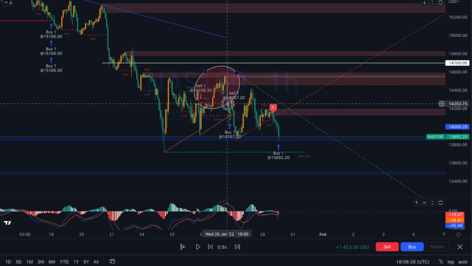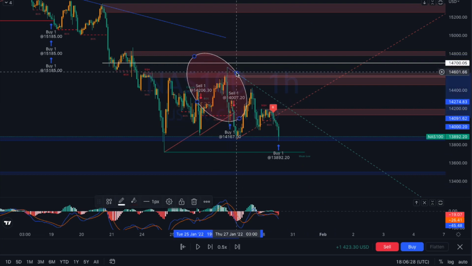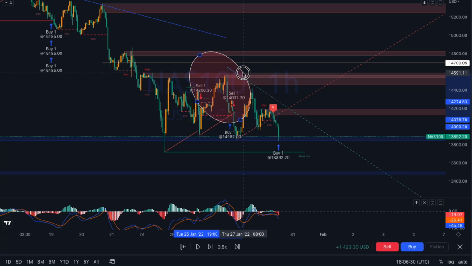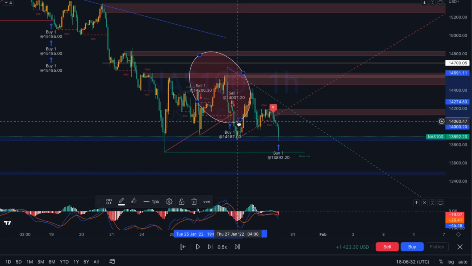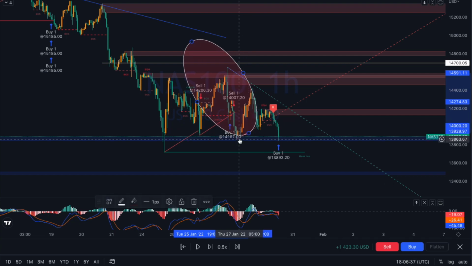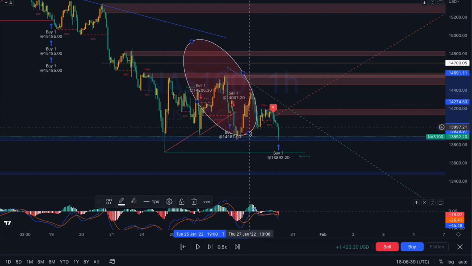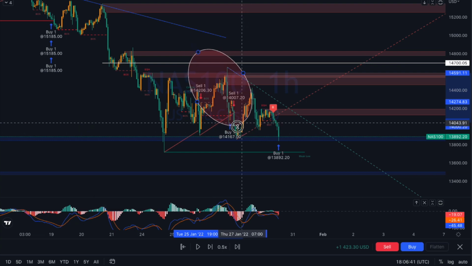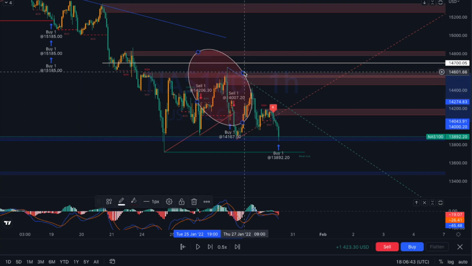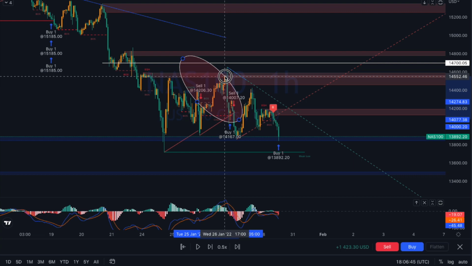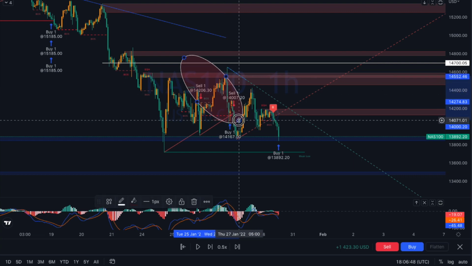Let me make this circle a bit bigger. So this one was a loss. Okay, yeah, that's it. I couldn't see the one I'm looking for.